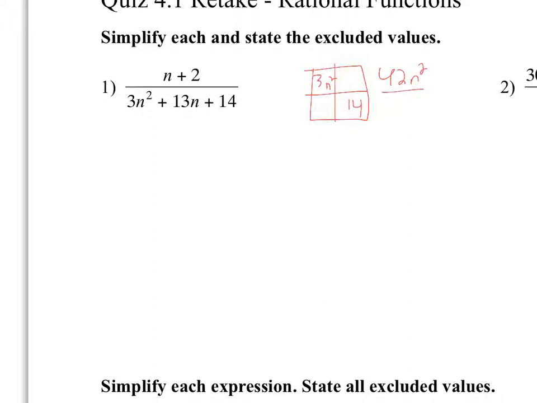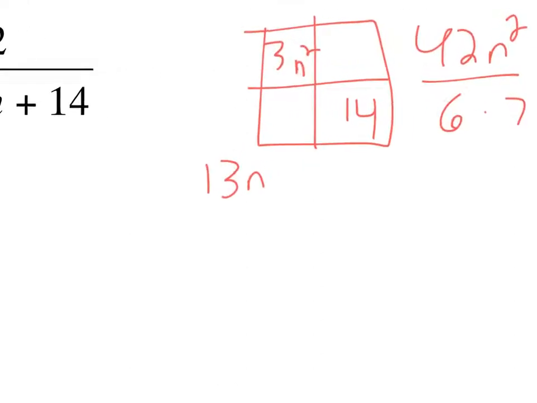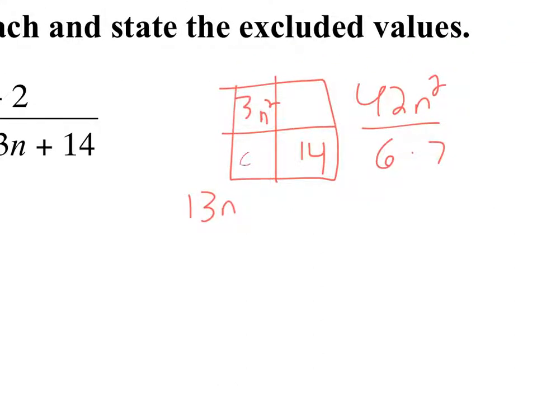So I think about things that multiply to 42, and I try a bunch of different stuff, but it turns out that 6 times 7 multiplies to 42, and it also adds to 13n. So let's go ahead and put that in here: 6n and 7n.